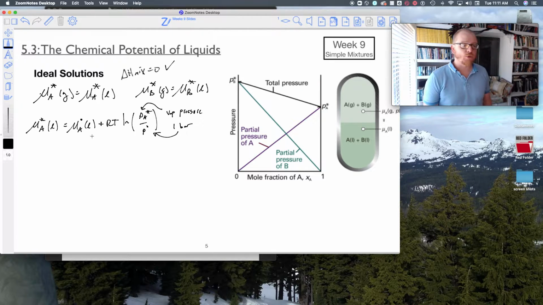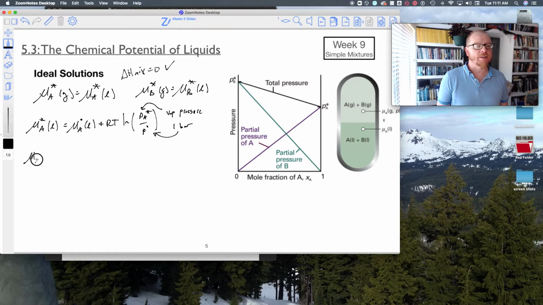Now if we write the chemical potential of the solution, specifically the chemical potential of A in this new solution, this equation is modified just a little bit.